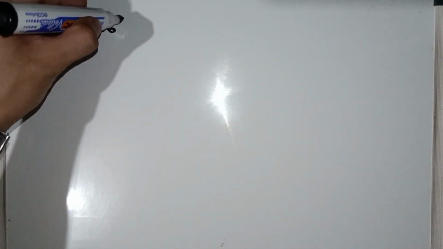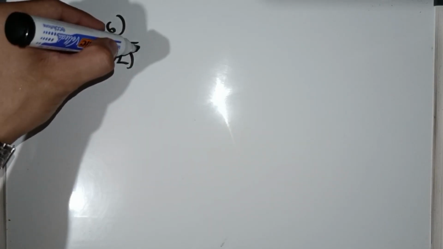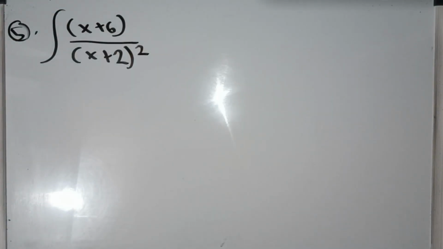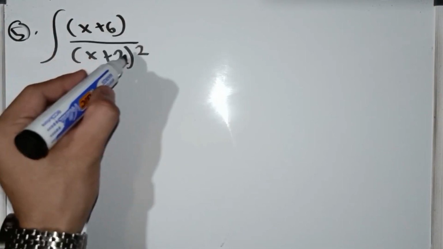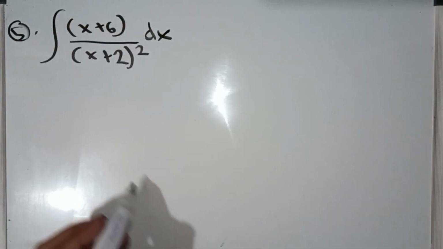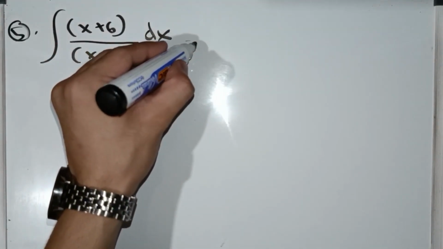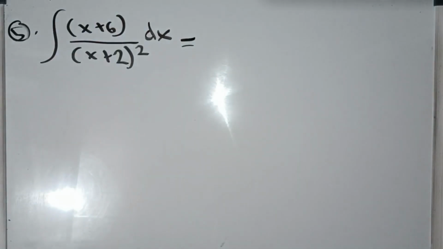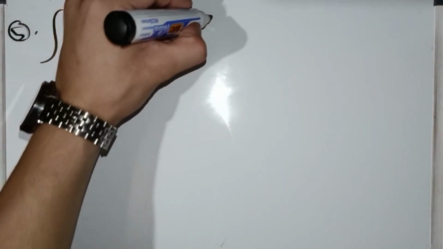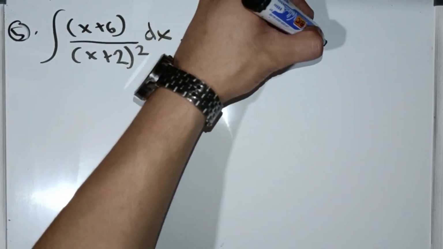The integral of x plus 6 all over x plus 2 squared. So in this problem, we need something for us to get the du in the numerator. As you can see here in the denominator, we have x plus 2, so let's transform our numerator to the integral of x plus 2 plus 4 all over x plus 2 squared.